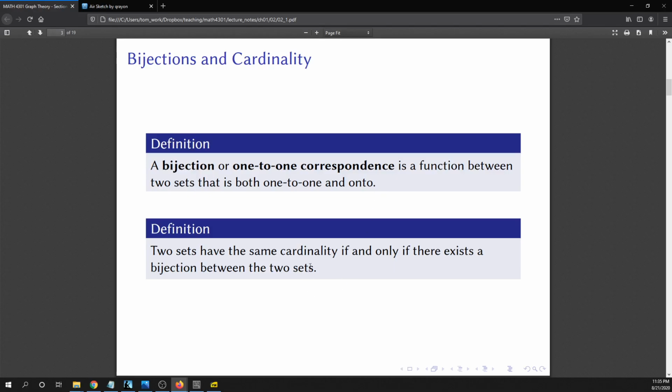All right, and one of the things that we'll need to know about bijections is that if there's a bijection from one set to another, then they have the same cardinality. Okay, so for us, we are primarily dealing with finite sets, and in fact, all of our graphs are going to be finite sets unless otherwise specified. And so for finite sets, it just means that they have the same number of elements.